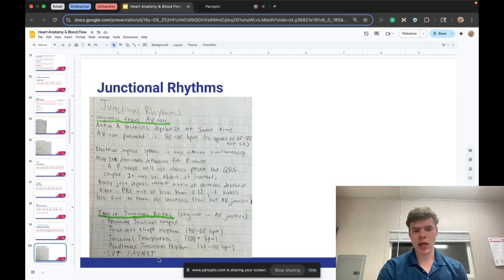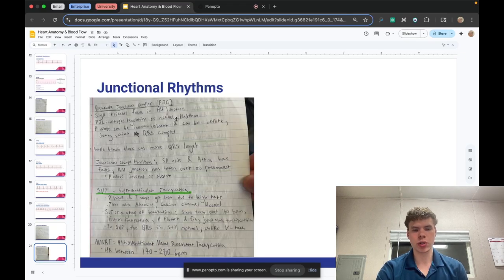There are different types of junctional rhythms that originate from the AV junction: a premature junctional complex, a junctional escape rhythm, junctional tachycardia, accelerated junctional rhythm, and SVT, which is another rhythm that is a bit different that I'll talk about later.